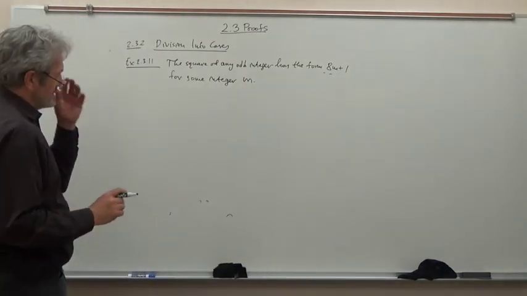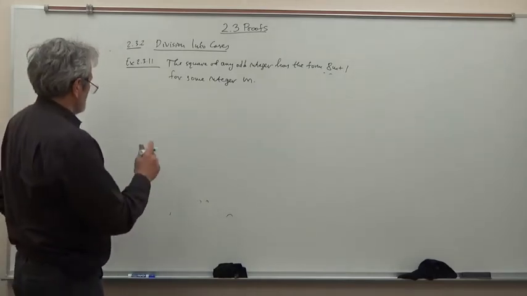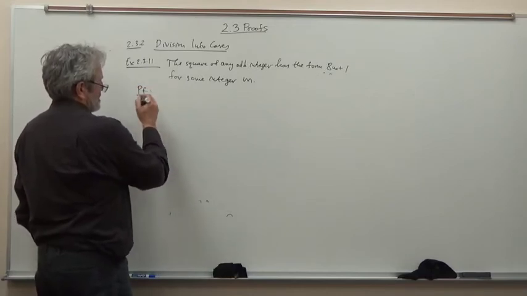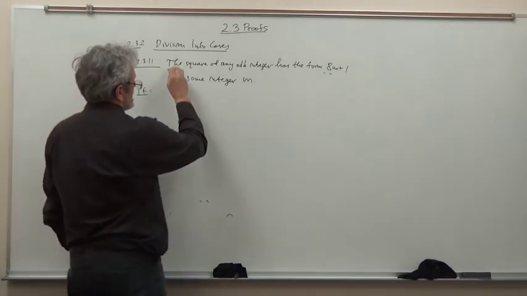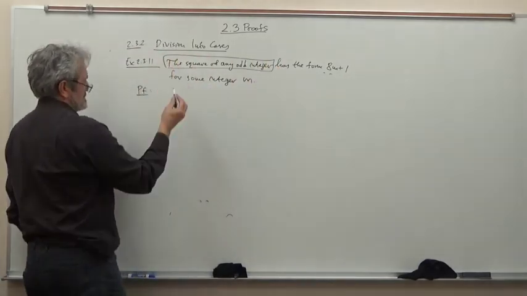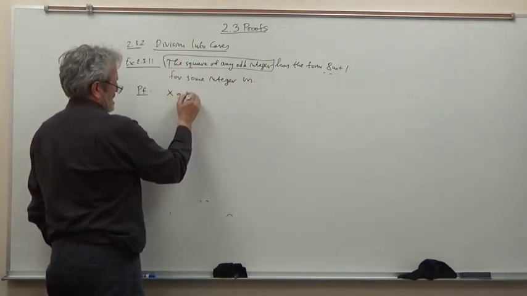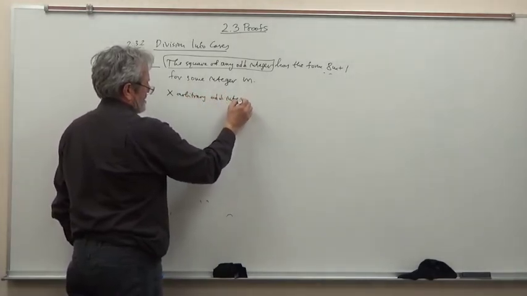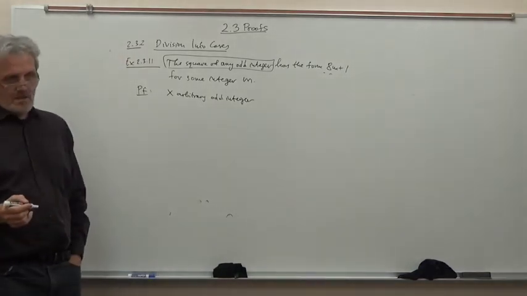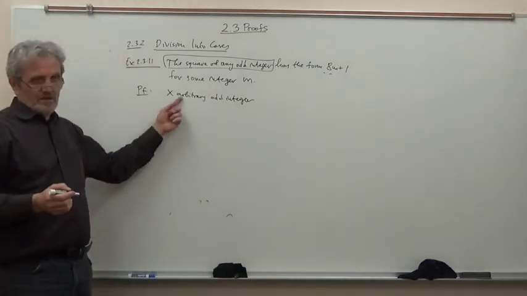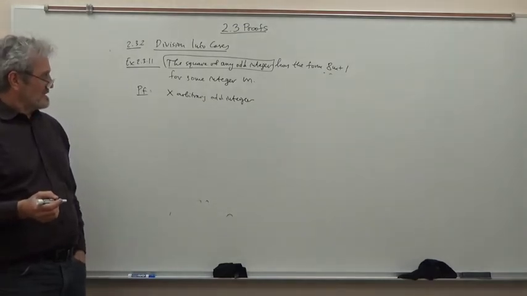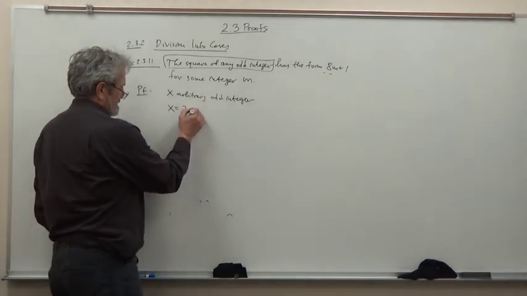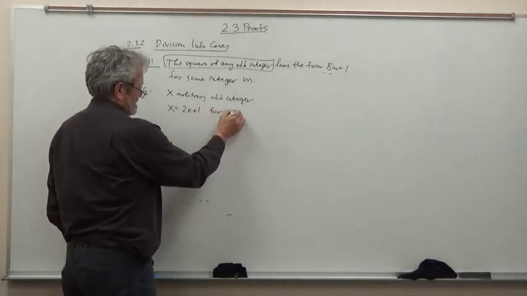I'll go a little faster here, generally without all these additional writings. But the proof goes the same way. So it says the square of any odd integer. So x, an arbitrary odd integer. Now I wanted this verbal object to transfer into an equation, and that is x equals 2k plus 1 for some k in Z.